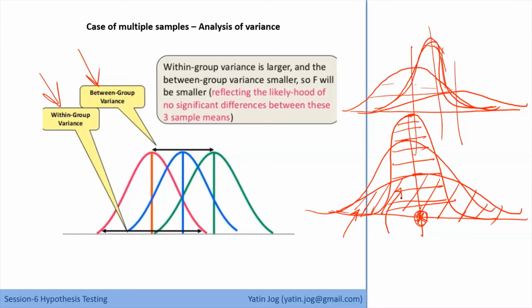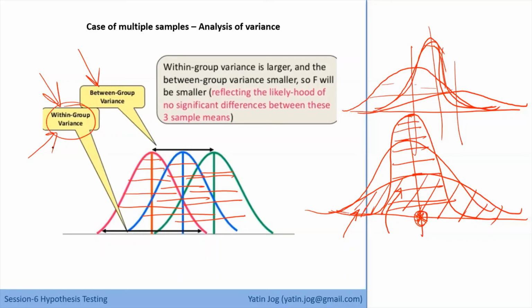So if I tell you that I have 3 samples with almost similar within group variance, which is given in this diagram, you can look at the spread of the data of all 3 distributions. For all 3 distributions, the within group variance is almost similar. That means I can consider that the behavior of these 3 data sets can be similar to each other.